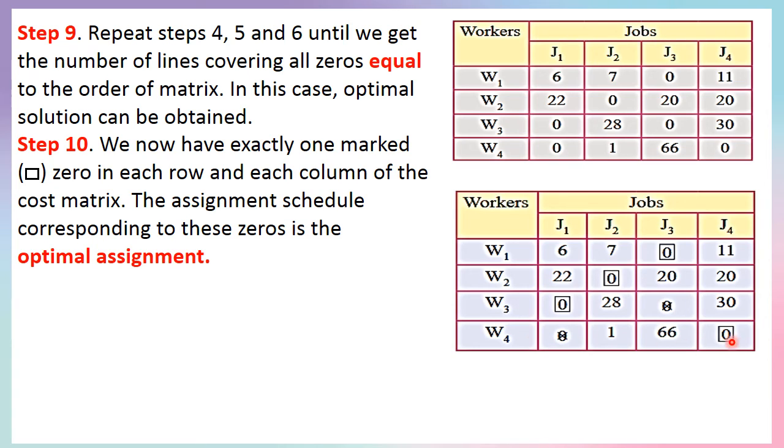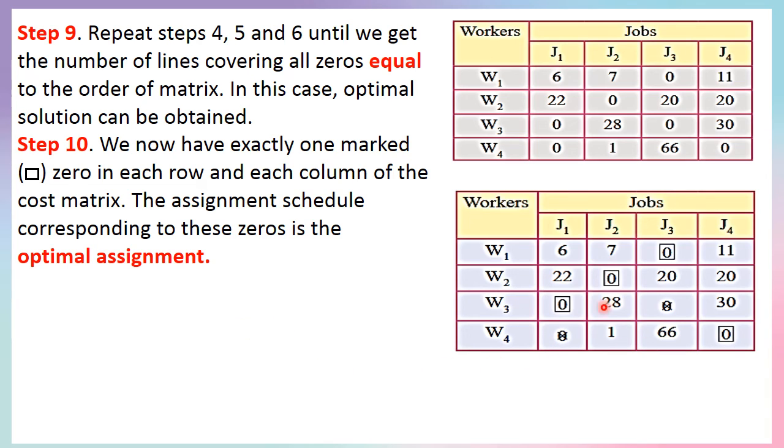So we have selected this option, that is assigning the zero in the last column, because there is already an assignment in the first column, so we don't want to repeat the assignment in the same column. Otherwise the assignment will be repeated, and that should not happen. So we assigned the last column and crossed out the zero in that particular row.